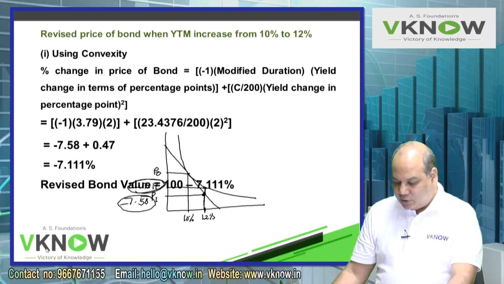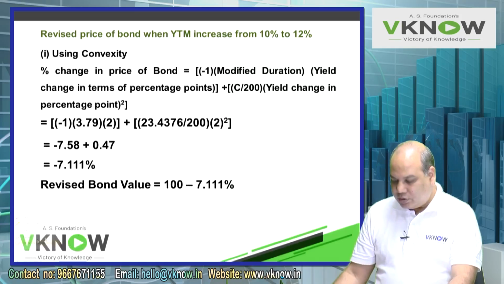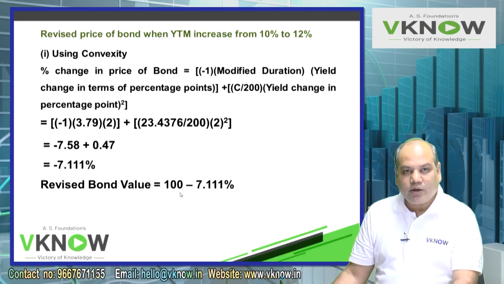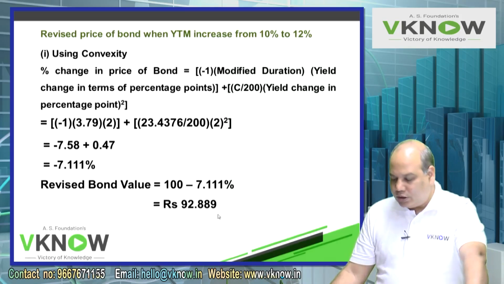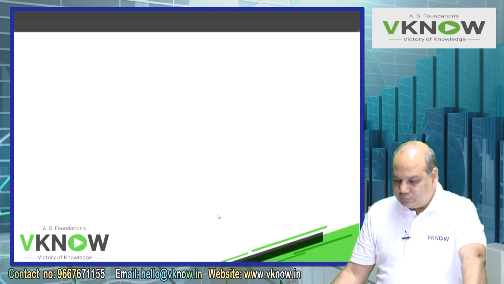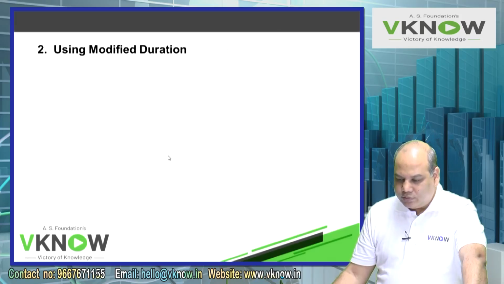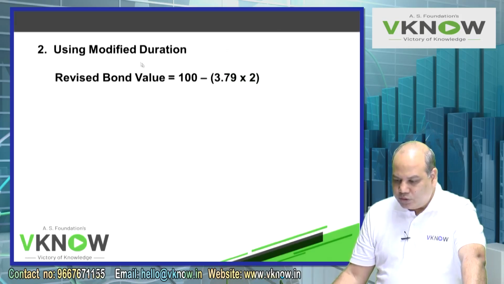Therefore revised bond value will be 100 minus 7.111%. So that comes to rupees 92.889. Now write down using modified duration. This we have just now seen.